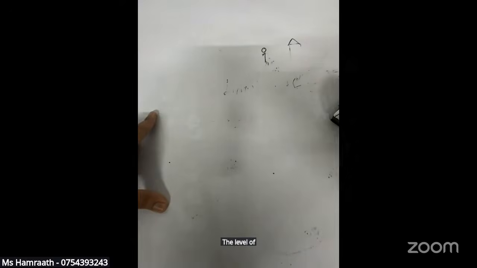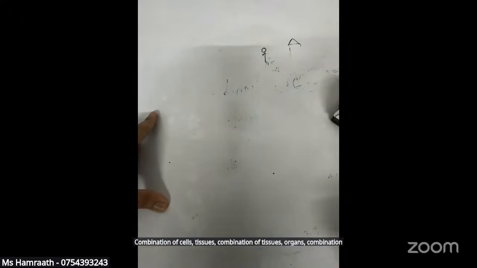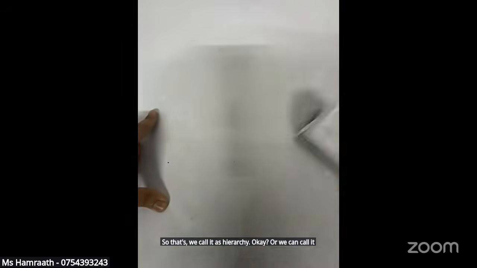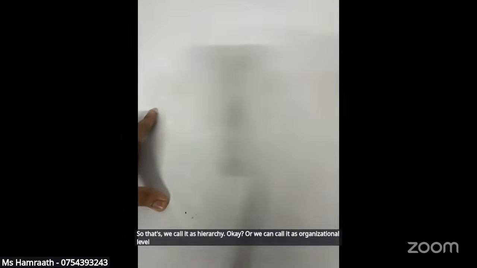It starts from the cell, the combination of cells is tissue, the combination of tissues is an organ, the combination of organs is a system, and the combination of systems becomes an organism. That is the level order of how your body is created. We call it hierarchy, or the organizational level of organisms.